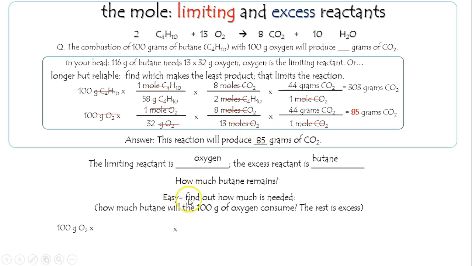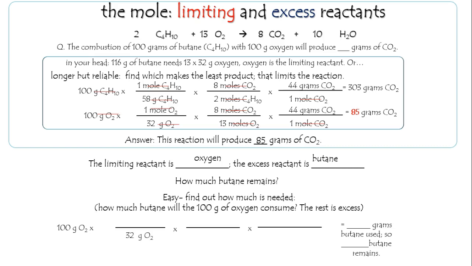And here it is written out. It's easy. Find out how much was needed. So we know a certain amount was consumed. The rest will be excess. 100 grams of oxygen, we're going to go to grams of butane. We can do that. We can seemingly go from grams to anything. So 32 grams of oxygen is our mole. But this time, let's go from moles of oxygen to moles of butane.